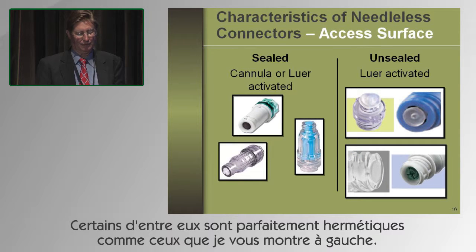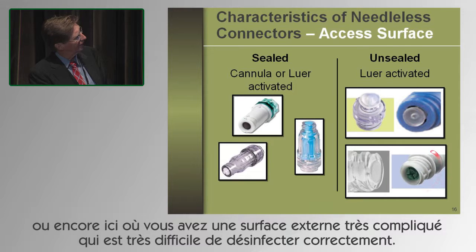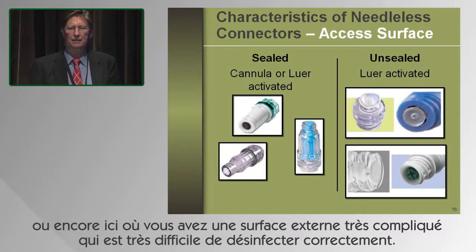Some of them are sealed well, as shown here on the left, and others are not, as you can see there with a gap around the plunger, or here where you have a very complicated external surface where it is difficult to get your disinfectant down into those areas.